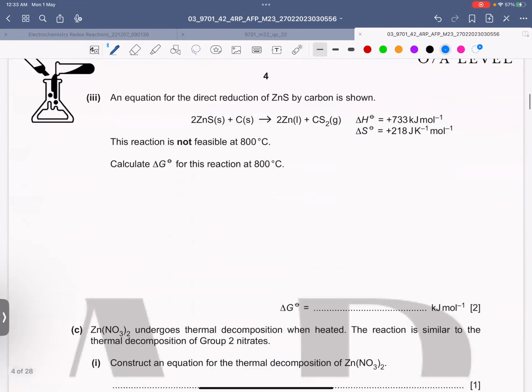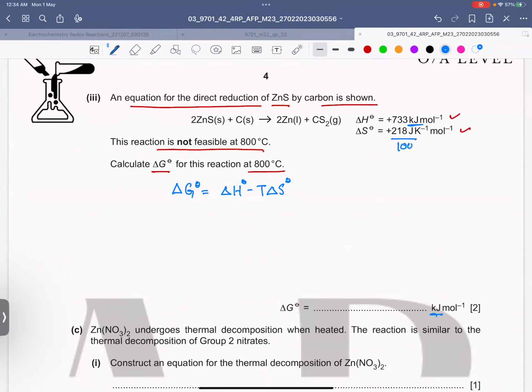Now next part. An equation for the direct reduction of zinc sulfide by carbon is shown. They have provided you the enthalpy change and the entropy change. The reaction is not feasible at 800 degrees Celsius. Calculate the change in Gibbs free energy for this reaction at 800 degrees Celsius. The expression for the Gibbs free energy change is delta G equals delta H minus T delta S. See, it's in kilojoule, Gibbs free energy change is also in kilojoule, and this is in joule, so I have to divide it by 1000.